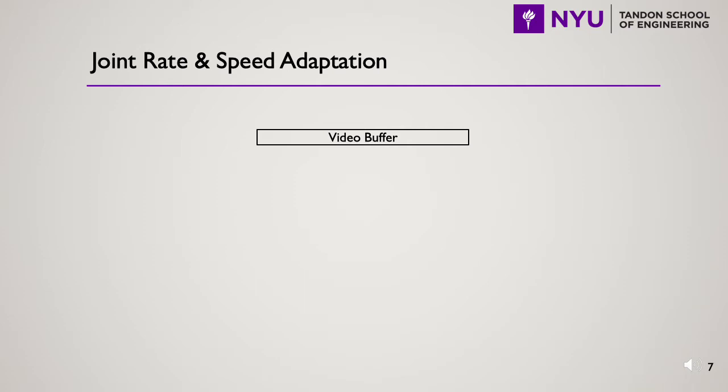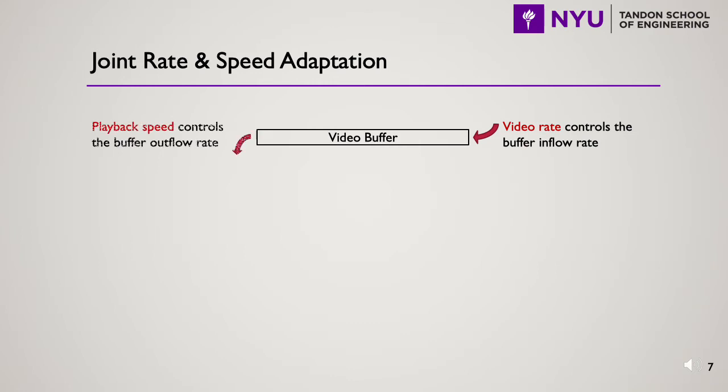First of all, for video buffer, the chosen video rate affects the inflow rate. Higher video rate leads to slower inflow rate. On the other side, playback speed controls the outflow rate. So we found that the buffer control is jointly affected by both video rate and playback speed.